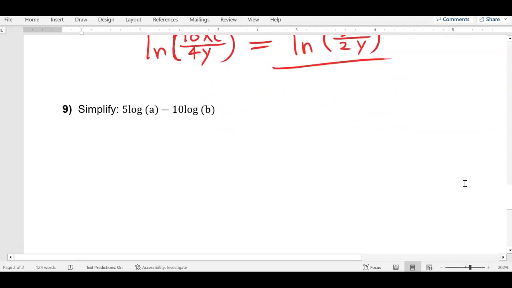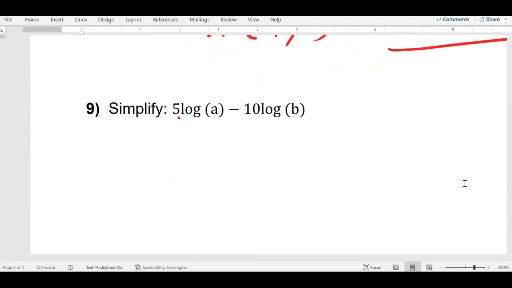Let's simplify this. Now this time we're not expanding it, we're working backwards to bring it into 1. So first off, if there's a number out front, that's going to be the exponent on the inside here. Cool. So this is really log base a to the 5.